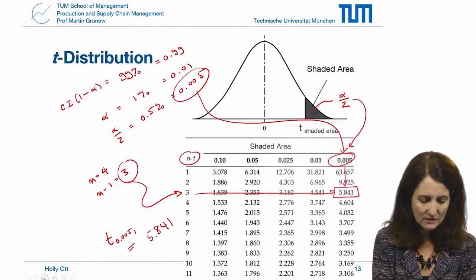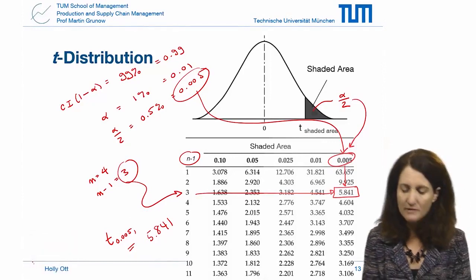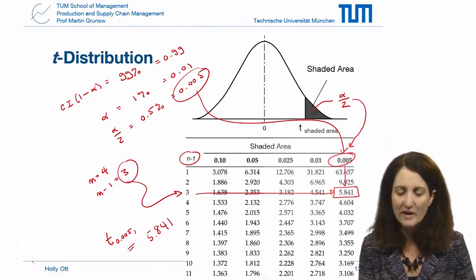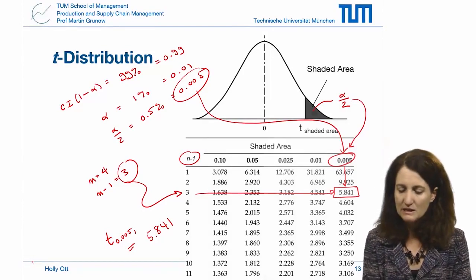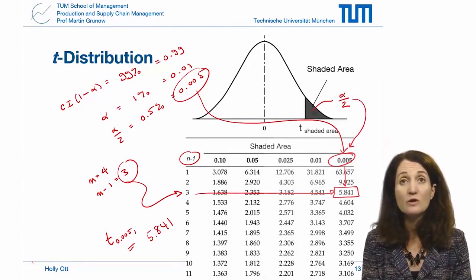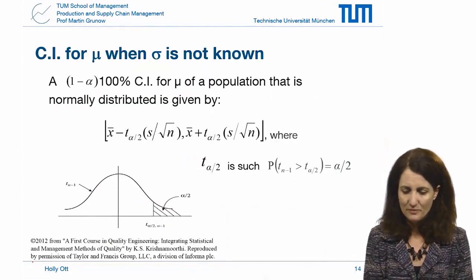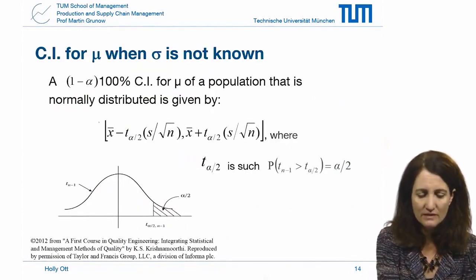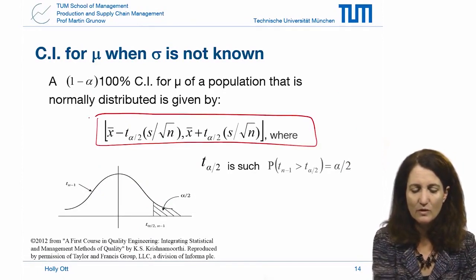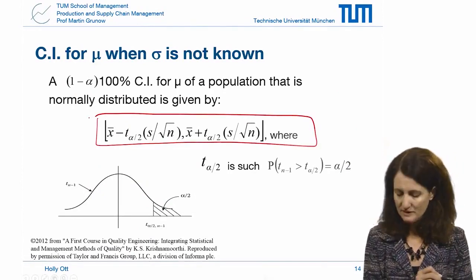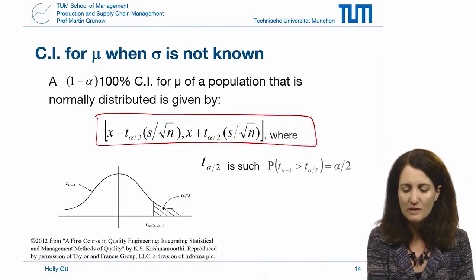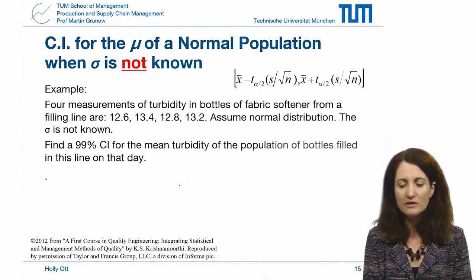Again, with these tables, they always look very number heavy. We'll be giving you this value, but we need to see where it comes from, and now we're going to look at the example and do a comparison. So again, here is the confidence interval for the situation when we have an unknown sigma, with the T alpha over 2 value.